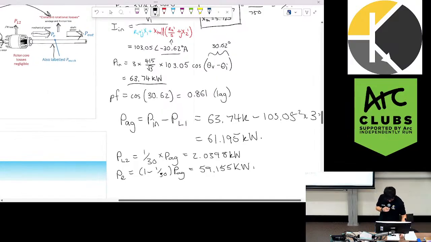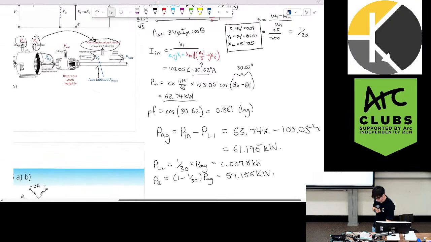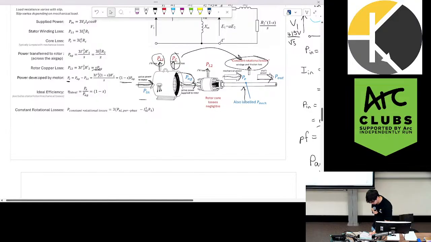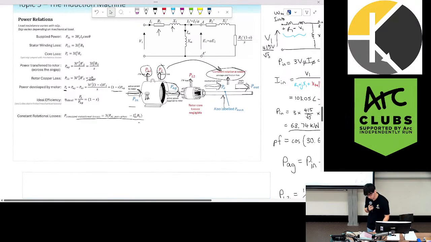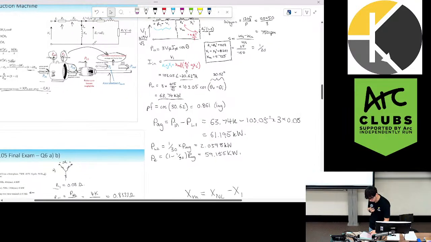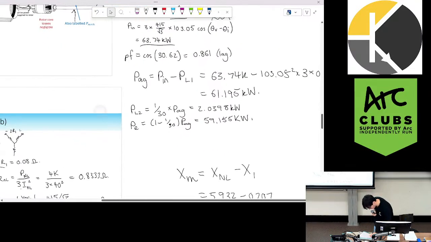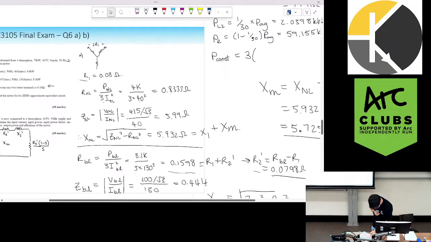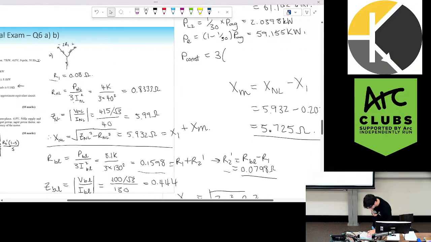The last step is to find the constant rotational losses. And to do that, we're going to use this formula. This comes from our no load test, which we had in part A. So we have 3 times the no load power minus 3 times no load current squared times R1. So the constant losses is the no load power, which was 4k, I believe. Yep, it was 4k.